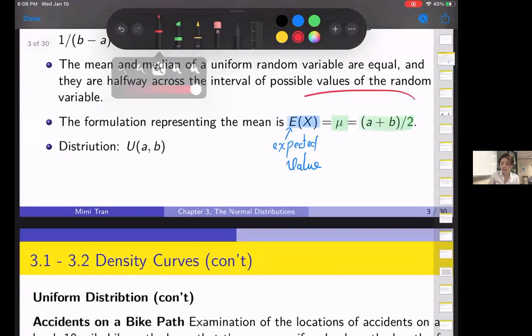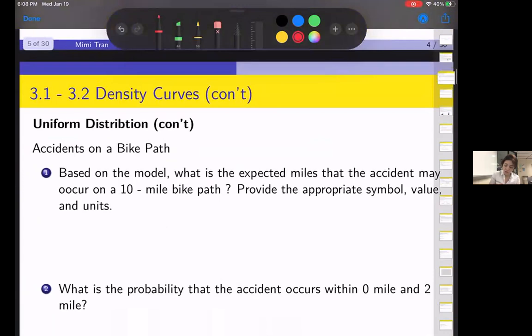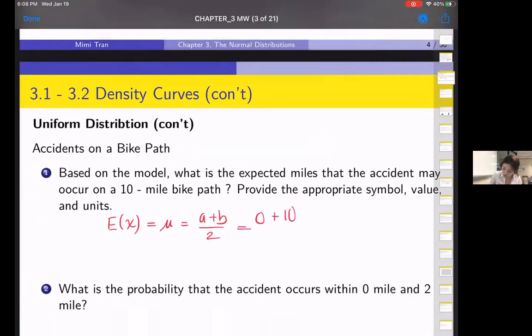So it's E of X equals mu. Expected value is the same thing as population mean. In this case, it is a plus b divided by 2. a is 0, b is 10, divided by 2, so 5.